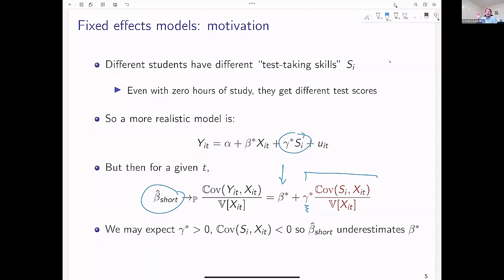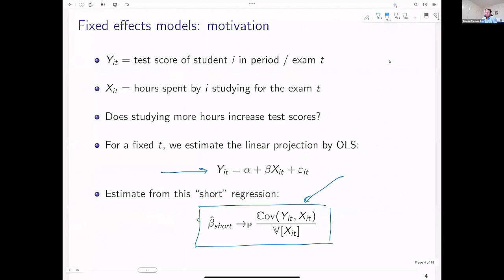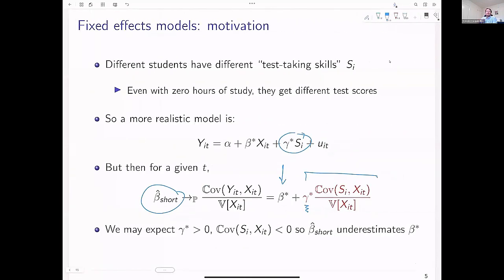Okay, that's kind of like the mechanics of this short regression here. But then what is that comparison capturing? Well, it's capturing first the fact that if you study more, maybe you increase your test scores. But also when we compare students that have different hours of study, these students are also different in their test-taking skills.